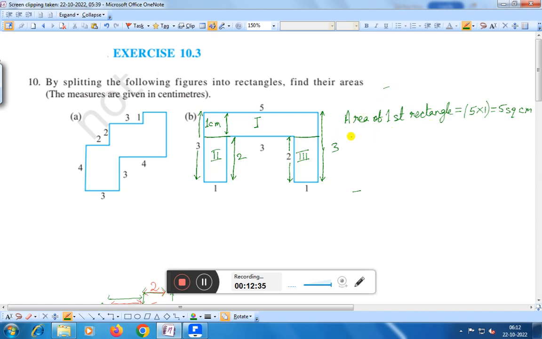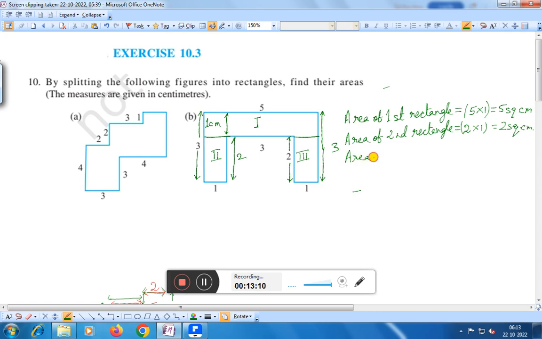Right? Area of second rectangle is equal to, this one is second, that means the length is 2 and breadth is 1, that is 2 into 1, that is 2 square centimeter.